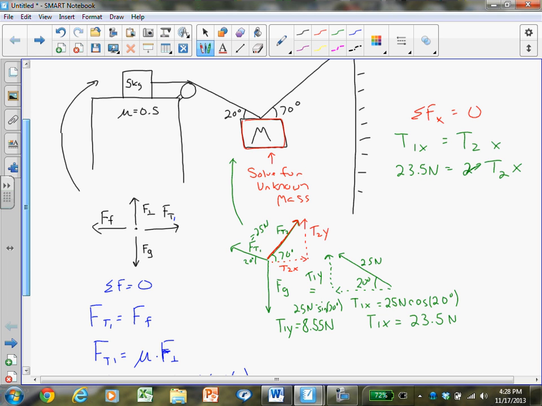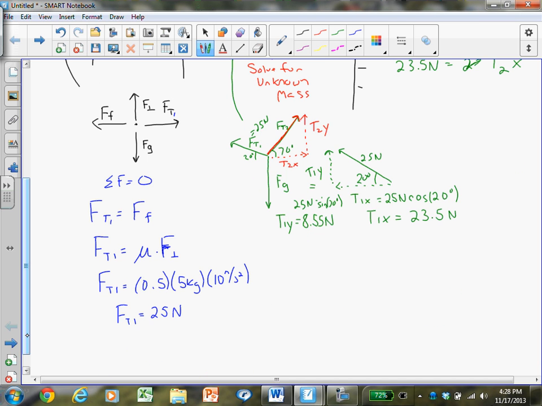And then we can come over and plug it in and solve for the rest, because now we take this and we have FT2, but now we know that the x part there is 23.5. We know that's 70 degrees, so we can get T2y now and FT2.